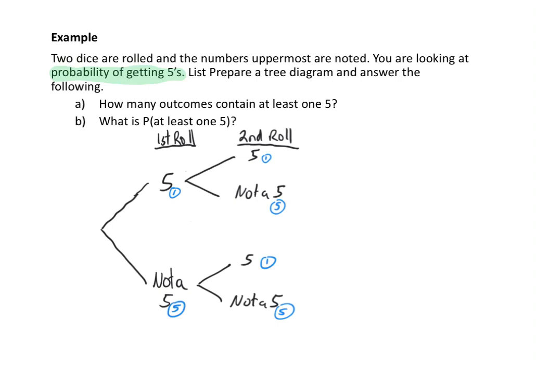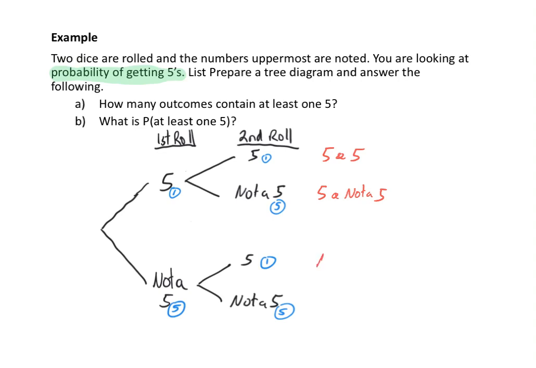So how many outcomes contain at least one 5? So having a look, I got 4 possible outcomes in my tree diagram. So the first outcome is receiving a 5 and a 5. The second outcome is a 5 and not a 5.